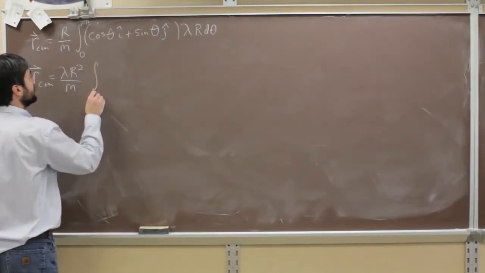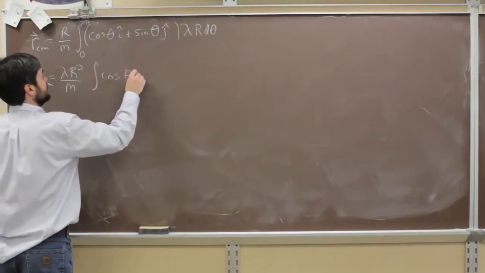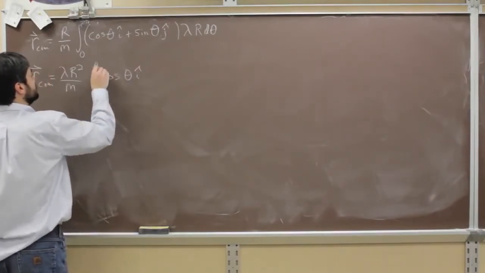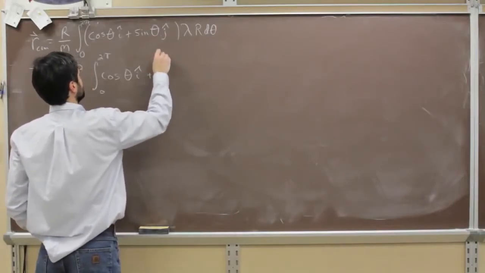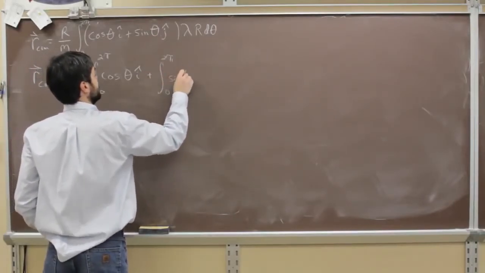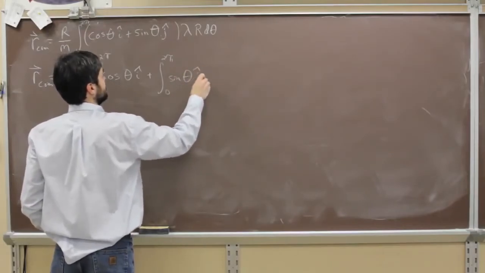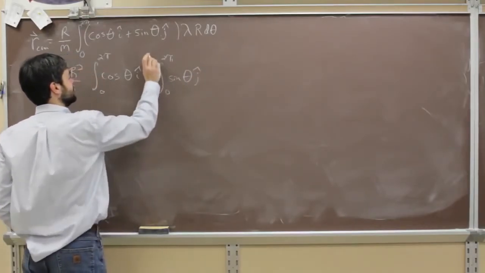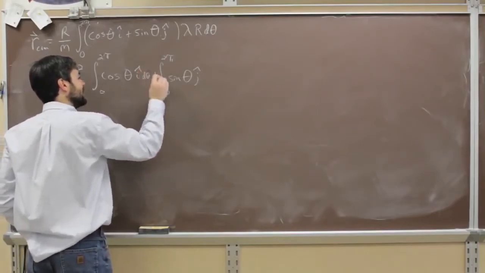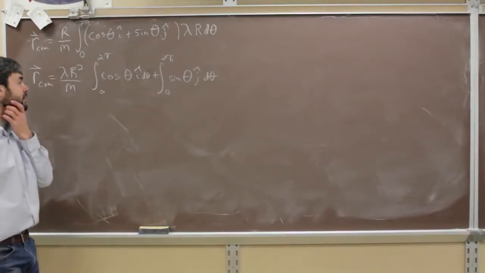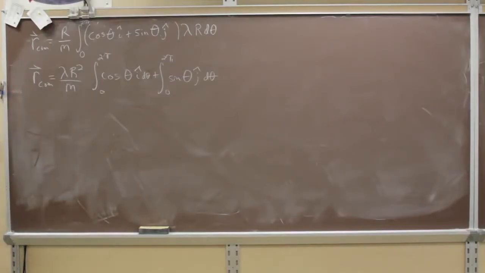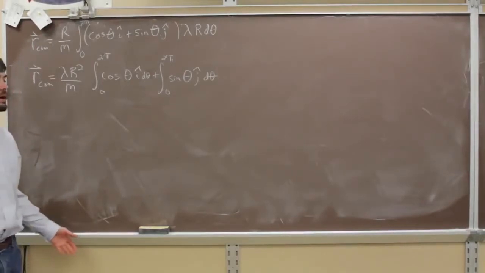So that's the integral of cosine theta i hat from 0 to 2 pi, plus the integral from 0 to 2 pi of sine theta j hat, d theta. All right, now we can do our integral.